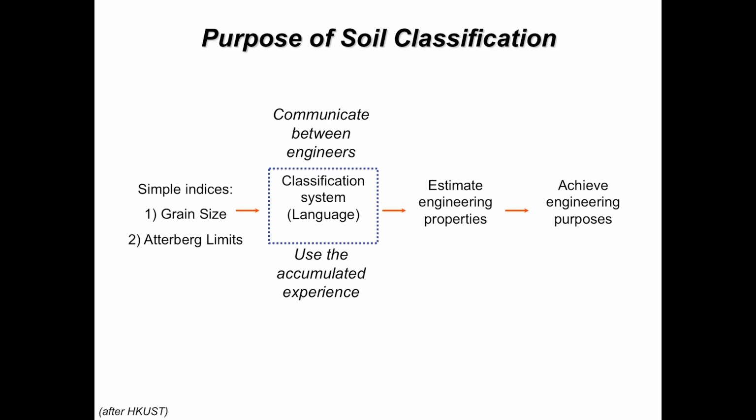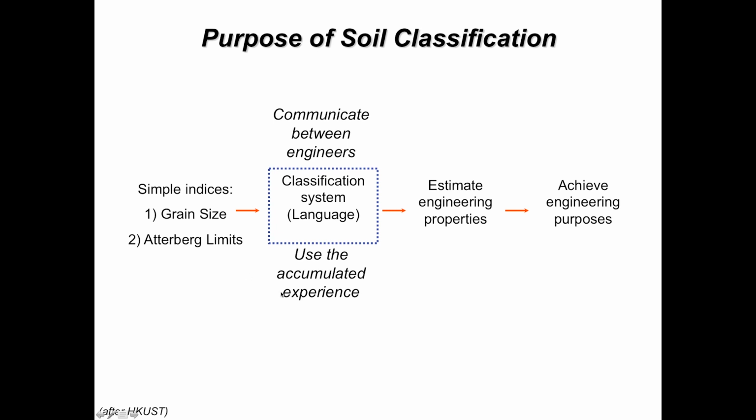We can take the output from index tests like this and classify, perhaps using a unified soil classification system, which I'll describe here, to actually say, for example, that we have a high plasticity clay or a silty sand or something like that. So these indices or these measurements become input into a system that we can use to generate a language.